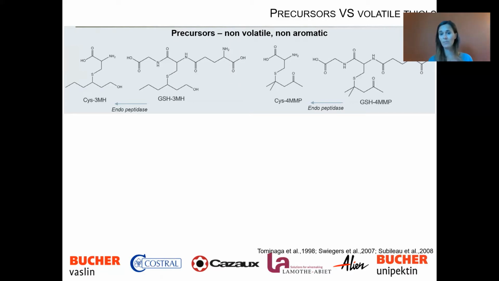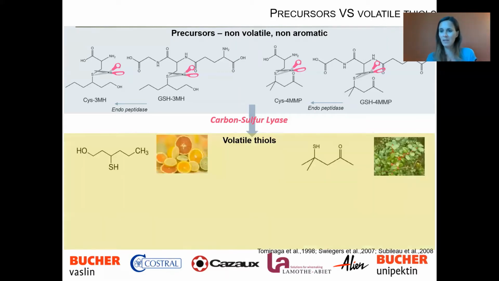To volatilize them or to express them, to liberate the thiol from its precursor, we need an enzymatic activity that is often found in the yeast. So thanks to the yeast, you can express these thiolic compounds, and we will talk about it. You need the carbon sulfur lyase activity that will cut, as you see, the scissors, where the scissors are, and liberate the thiolic compound, making it volatile, so smelling.